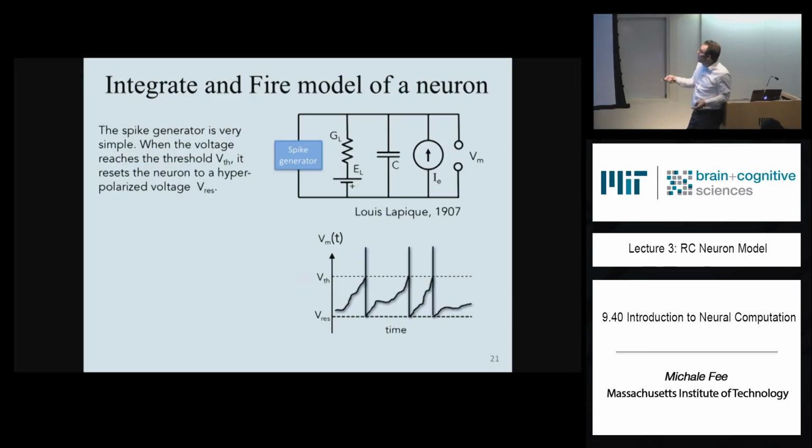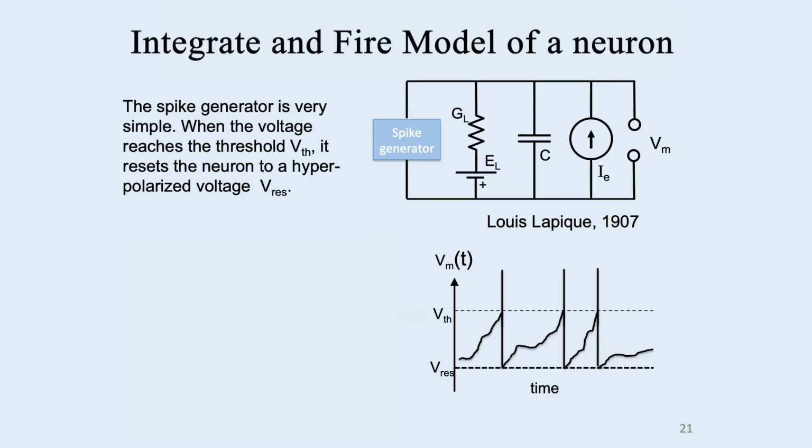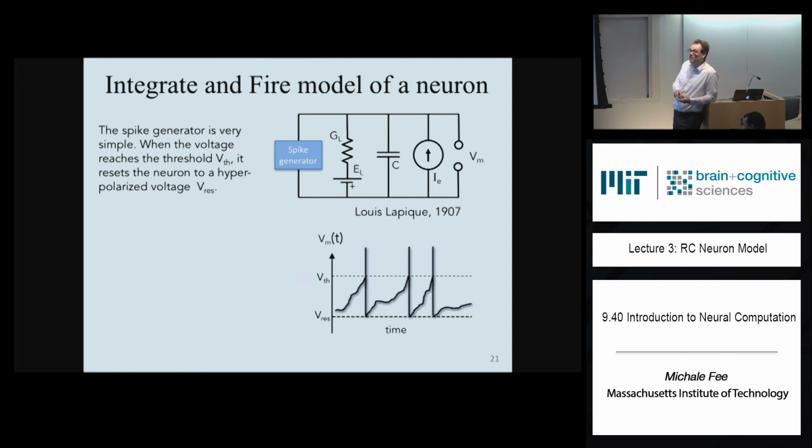Then, if we want to, we can draw a line at that time, and that's the spike. But what really happens to the voltage is that once it hits V threshold, it gets reset back down to this. All right, any questions?